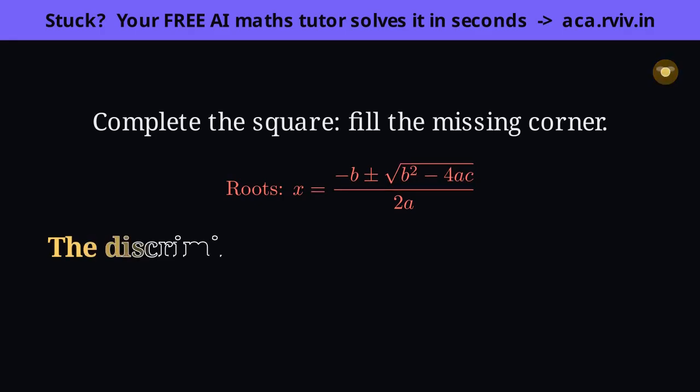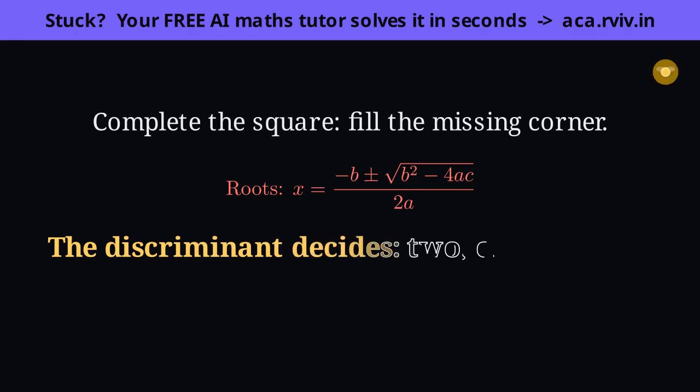And sitting inside that formula, under the root, is the discriminant, b squared minus 4ac, which tells you at a glance whether the parabola cuts, kisses, or floats above the axis, so roots: two, one, or none. Hold that one picture in your head, and everything we solve next will feel obvious.